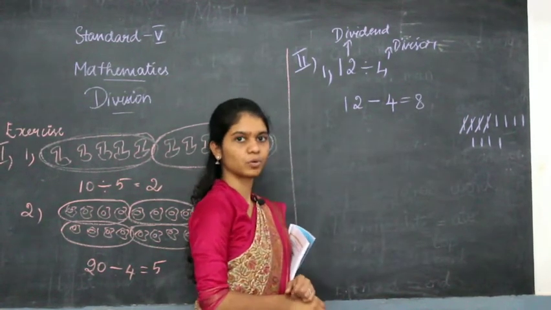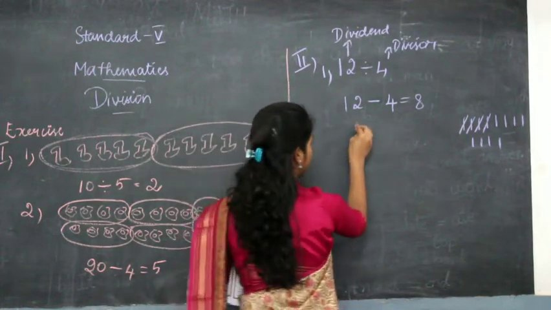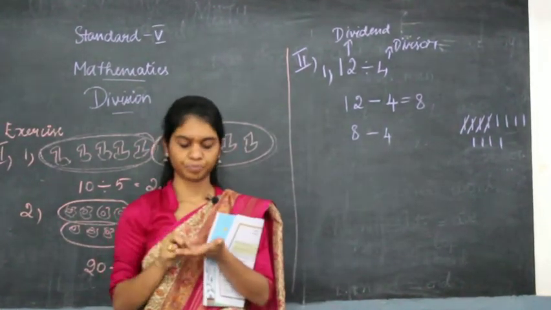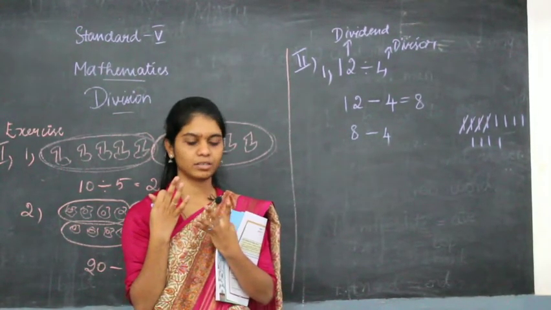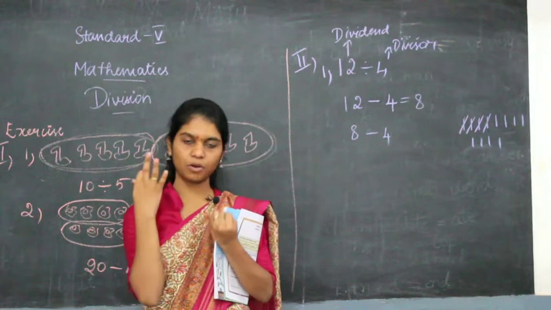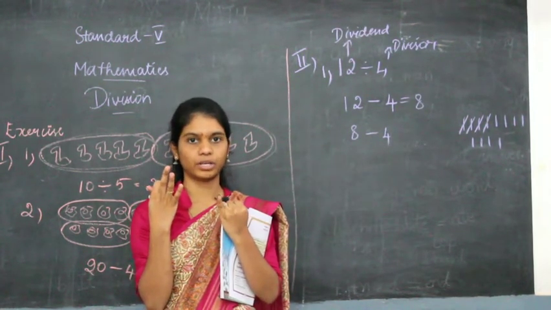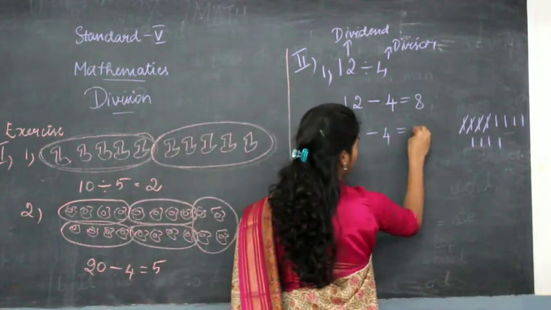Now again you have to subtract 4 from 8. 1, 2, 3, 4. Now you got 4 here, so you write 4.